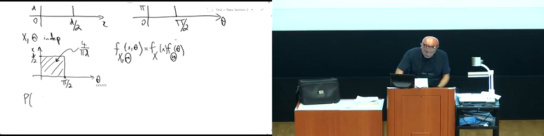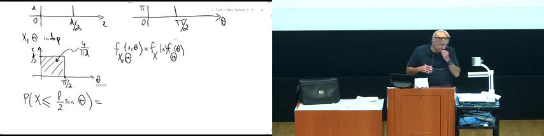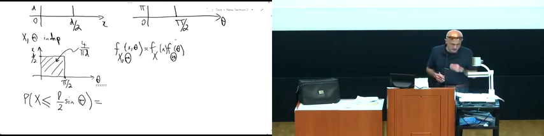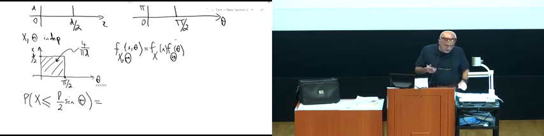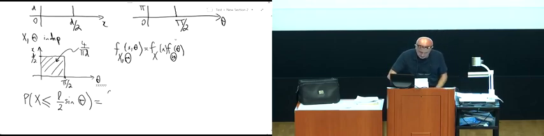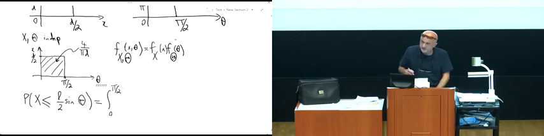Now, I'm interested in the event probability of x less than or equal to L over 2 sine theta. So I want you all now to think about how you would write that. Theta can go from 0 to pi over 2. I'm going to write this integral in a weird way.